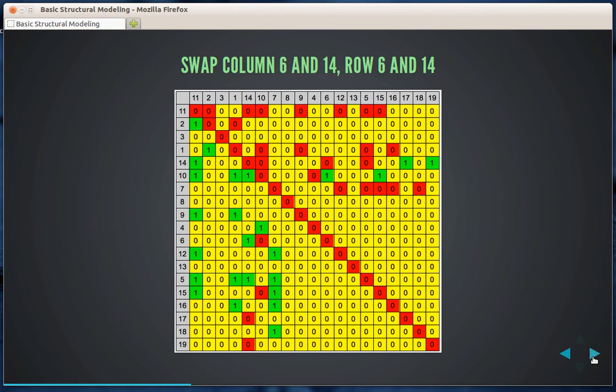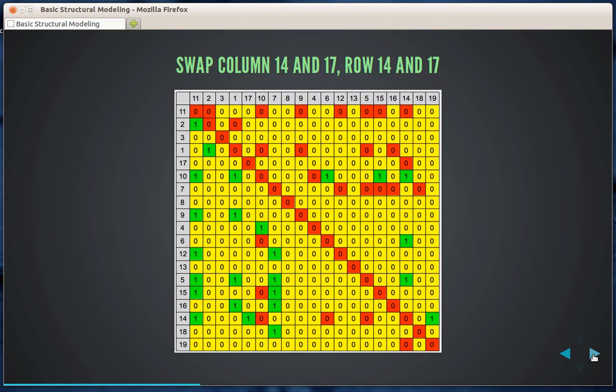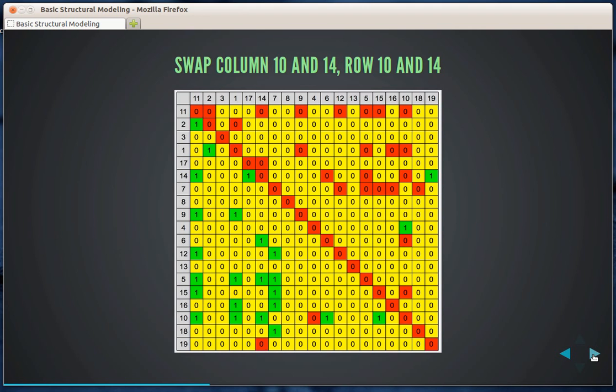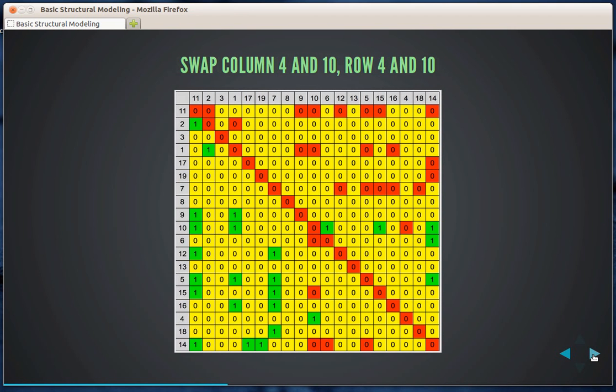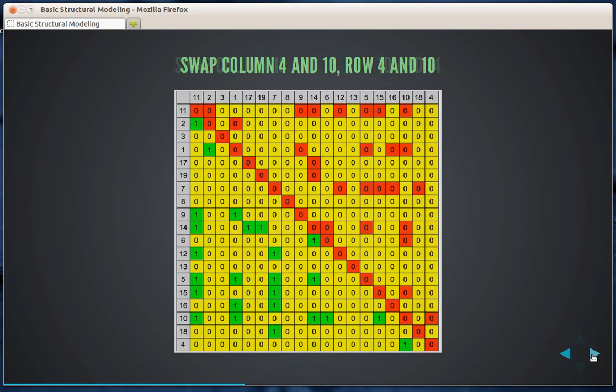See, more and more green in the bottom, more and more red in the top. This is an effective way to communicate visually and graphically the solution process. Very effective for large groups. Now we've got all the greens in the bottom, all the reds in the top.